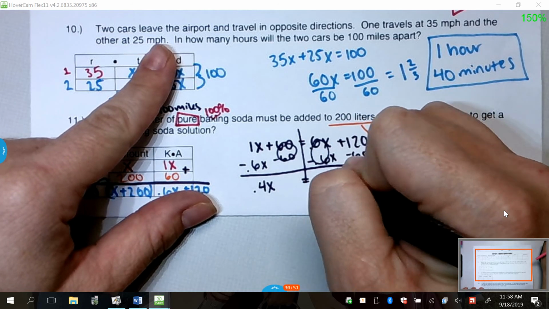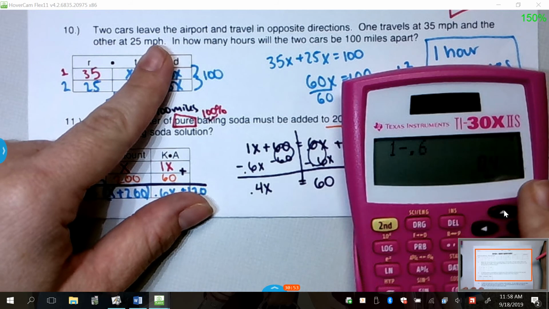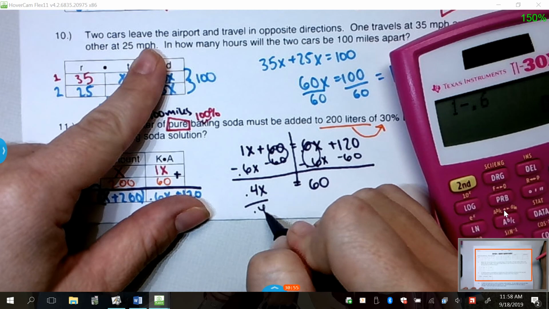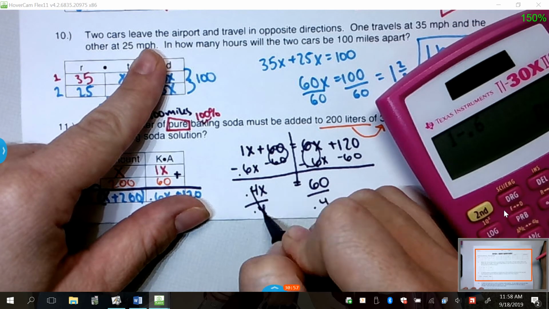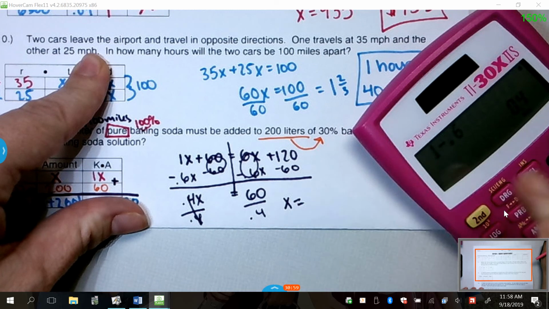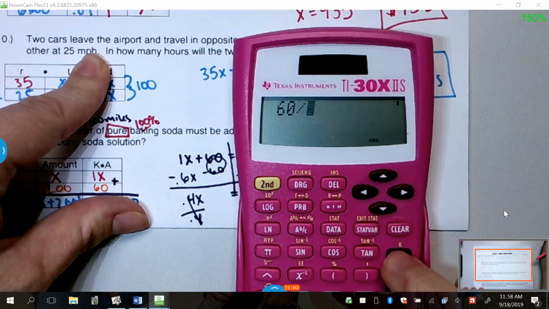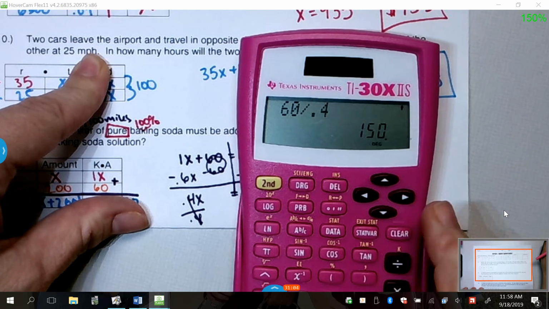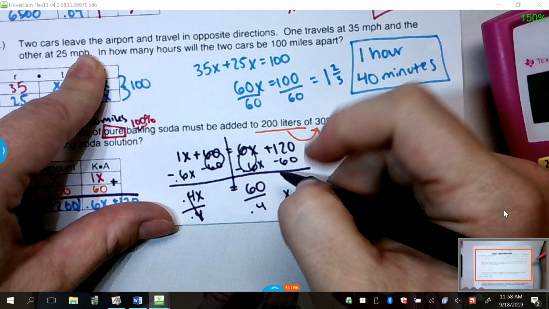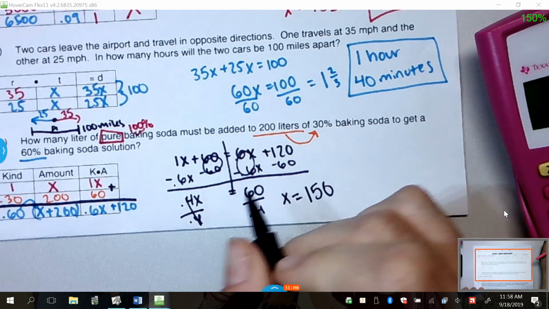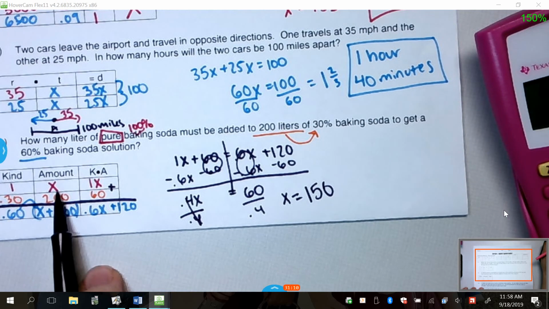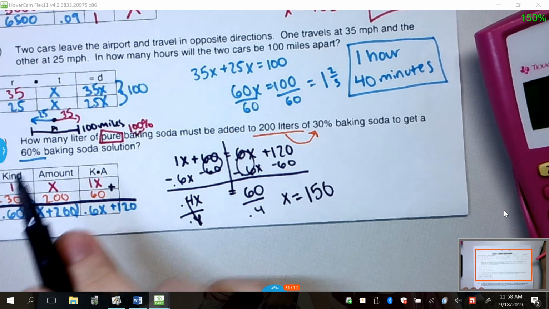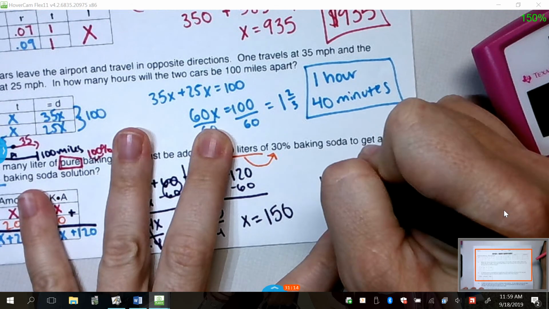And I know that equals 60. So I'm going to divide both sides by my 0.4. And I get x equals 150. So it says how many liters of pure baking soda, x represents that, so I'm going to get 150 liters.